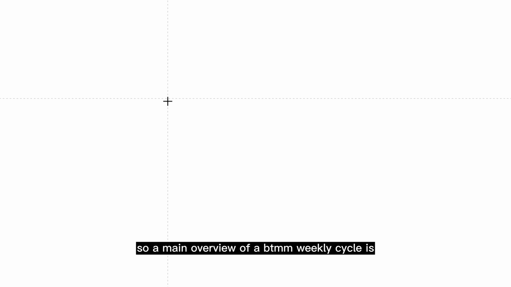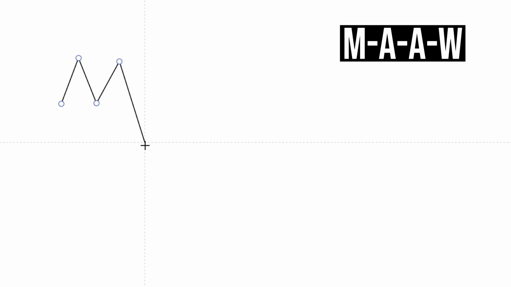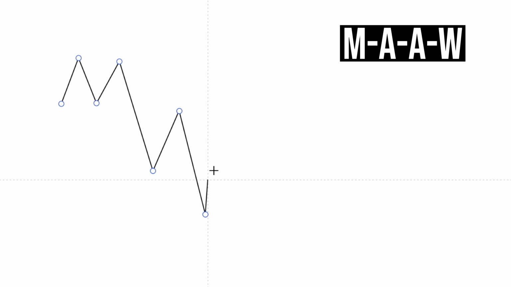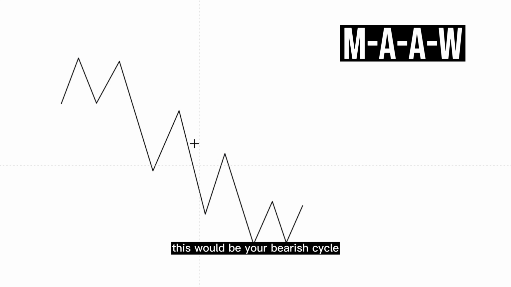So a main overview of a BTMM weekly cycle is, if it's bearish, you're looking at an M, A, W. This would be your bearish cycle.